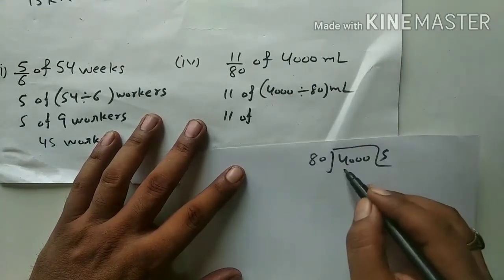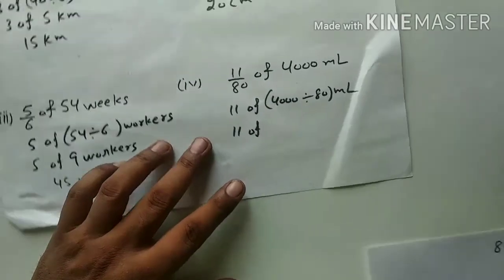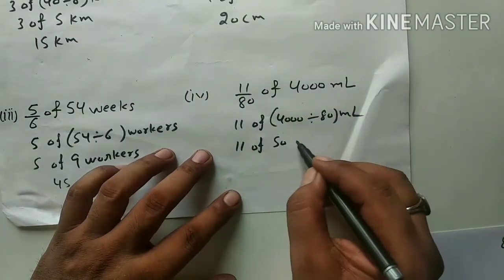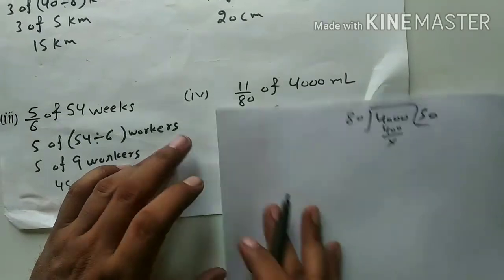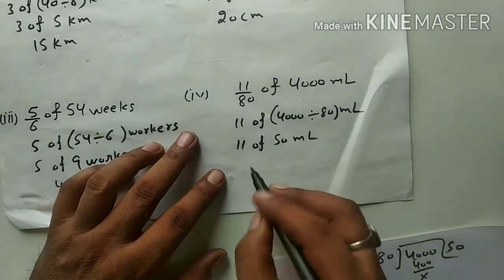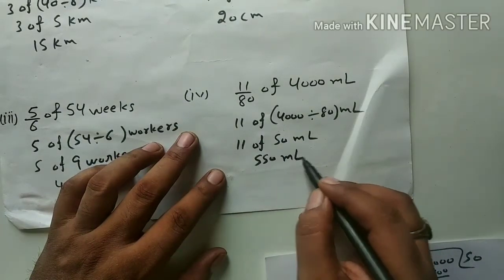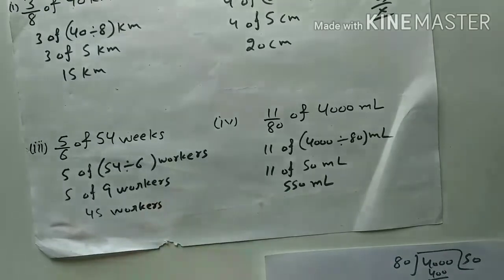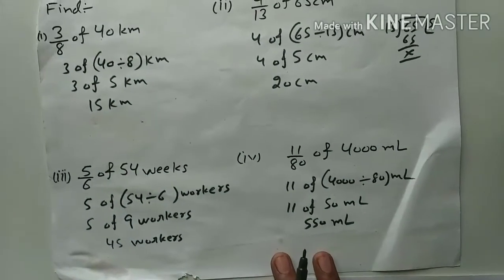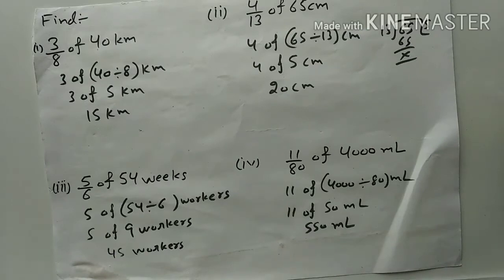Now 8 5s are 40, so 400 and 0 will be written here. Okay, so I will write 50 milliliter. You can see 11 multiply 50, that is 550 milliliter. So student, in this way you can see that we have solved almost all the questions.